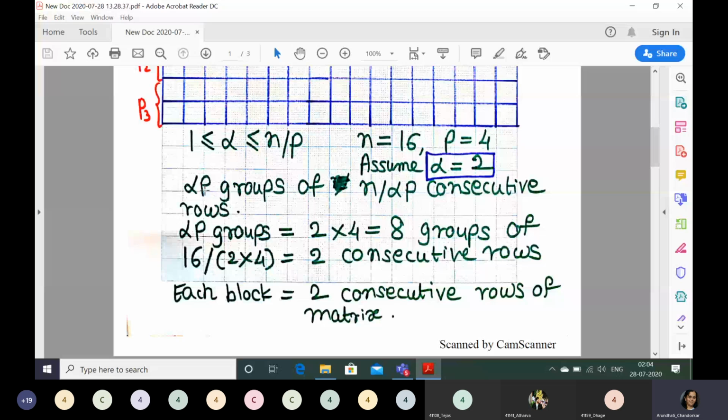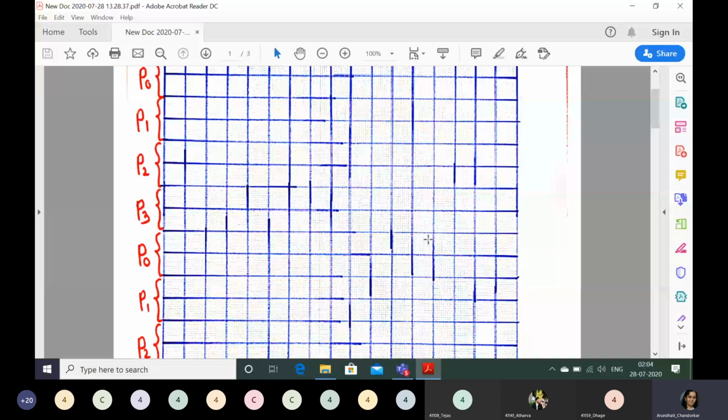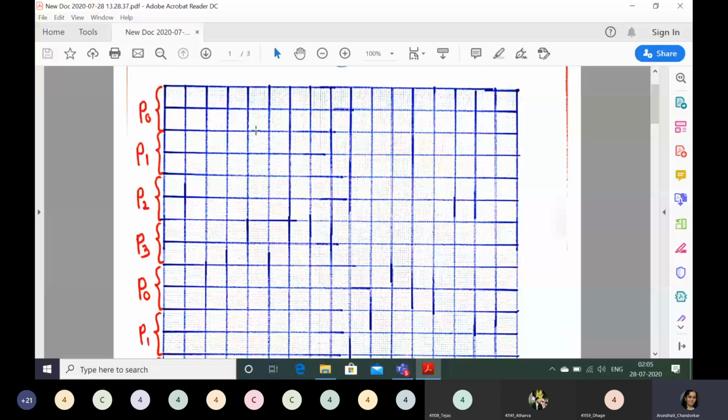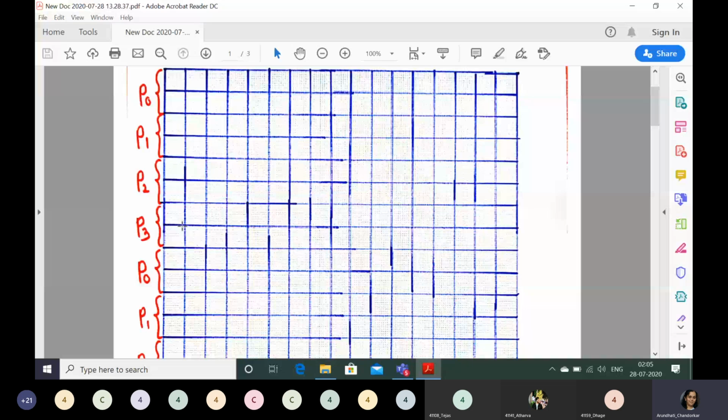Each group is having 2 rows by this calculation. And just go on allocating. So P0 first 2 rows, P1, P2, P3. As we are with block cyclic, the word cyclic is important. Again it will wrap around. Again P0, P1, P2, P3. So this is the case with one dimensional block cyclic distribution. I think it is clear now.